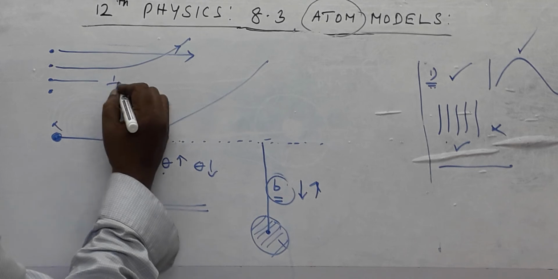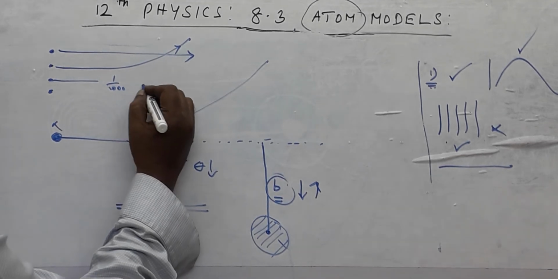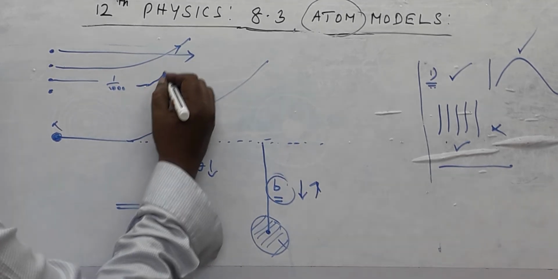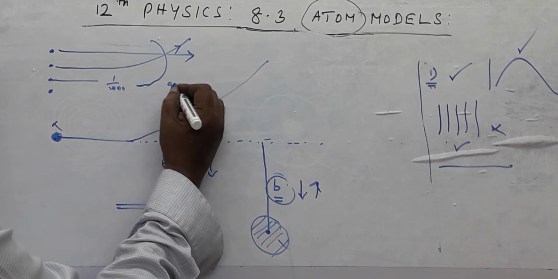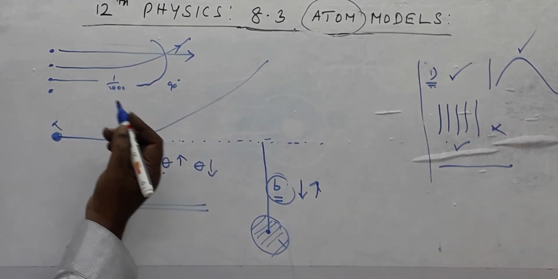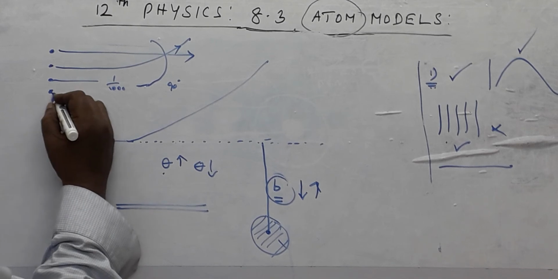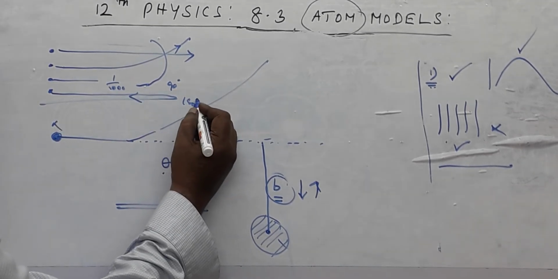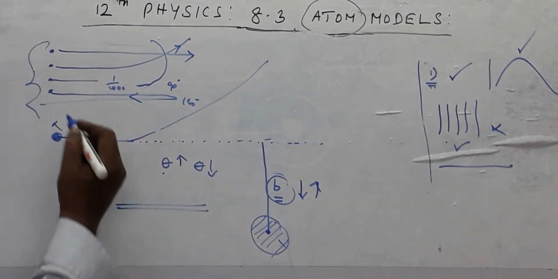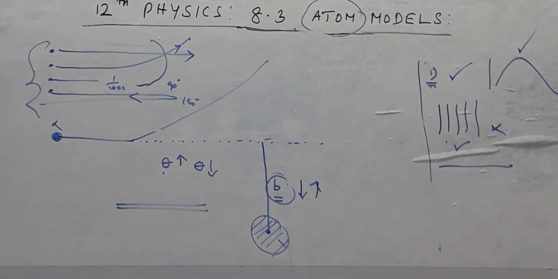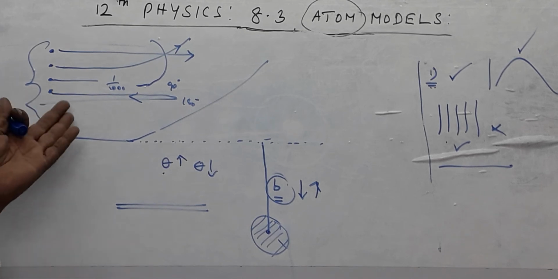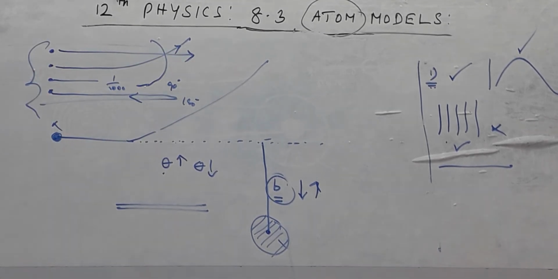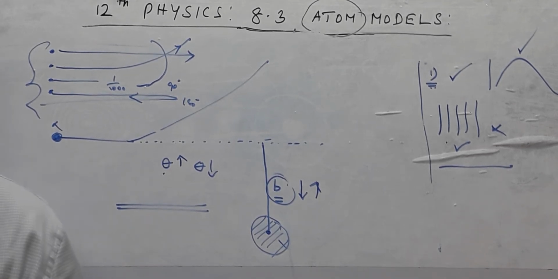About 1 in 1000 particles are deflected by more than 90 degrees, and very few particles are returned back by about 180 degrees. These are the four points that he concluded from the alpha scattering experiment. This is the basic concept to understand atomic structure.